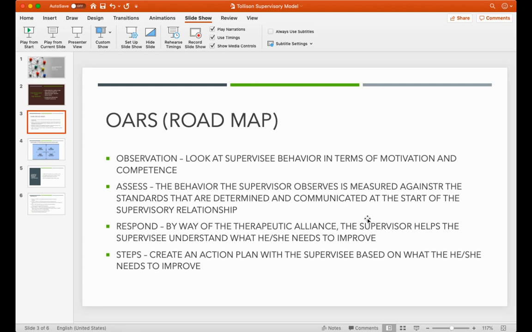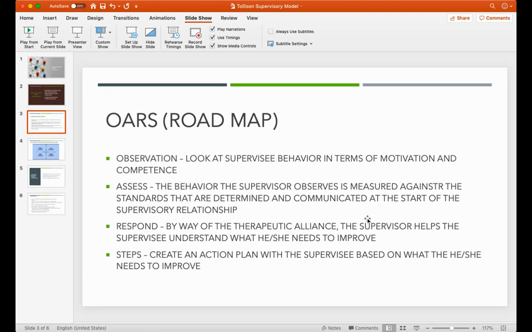In the observation stage, CBT techniques that are important could be video conferencing and Socratic questioning. Henderson talks about this more generally in saying that the supervisor can observe the supervisee's behavior directly, or ask the supervisee what he or she thinks about their own behavior and motivation and competence.